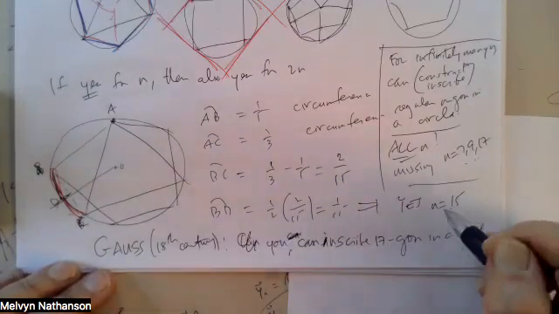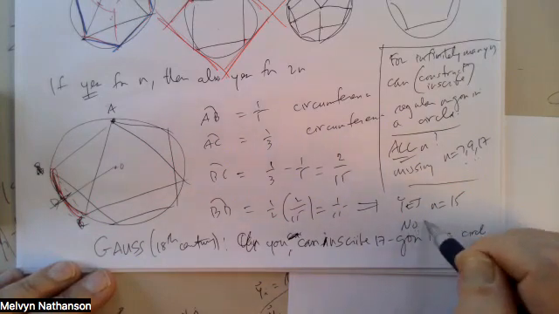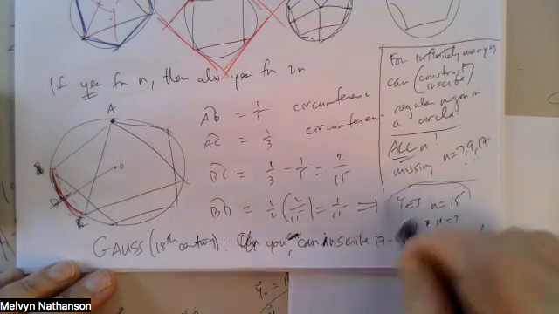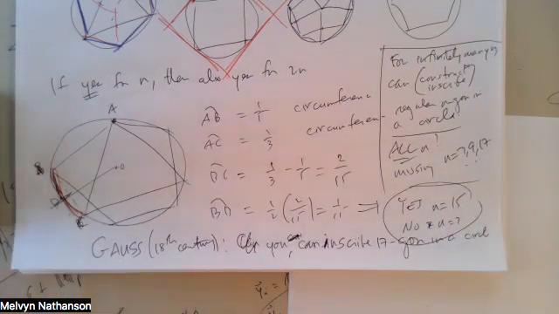So the answer is yes for n equals 15, but it turns out it's no for n equals 7. It's not possible to inscribe a regular 7-sided polygon in a circle.